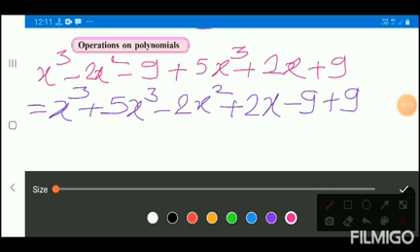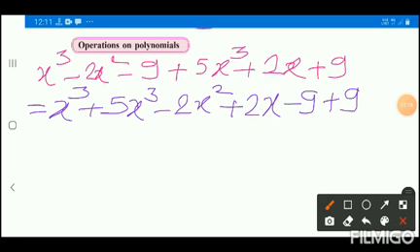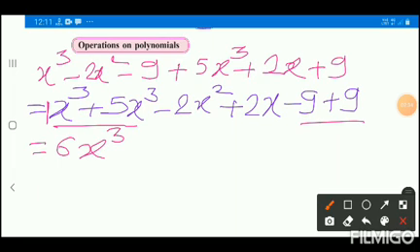Now the next step is to add the like terms. x cube plus 5x cube: here the coefficient is not written, which means the coefficient is 1, so 5 plus 1 is 6x cube. Now these are single terms, so we write them as they are.